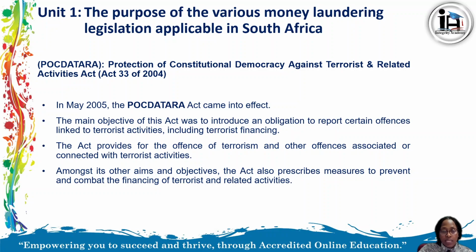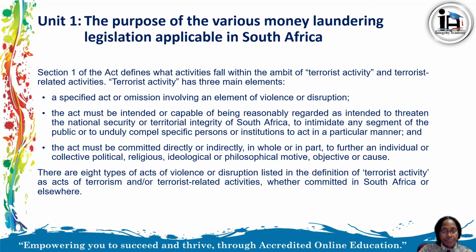Amongst its other aims and objectives, the Act also prescribed measures to prevent and combat the financing of terrorist and related activities. Section 1 of the Act defines what activities fall within the ambit of terrorist activity and terrorist-related activities. Terrorist activity has three main elements, namely a specified act or omission involving an element of violence or disruption.